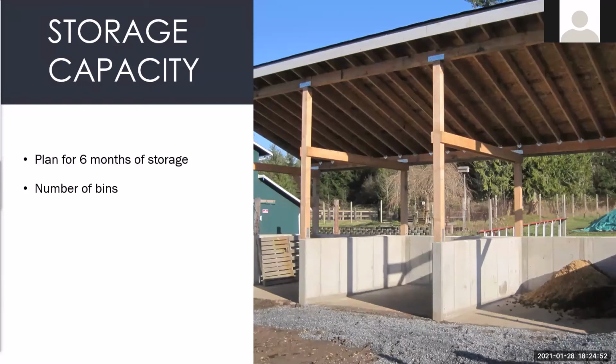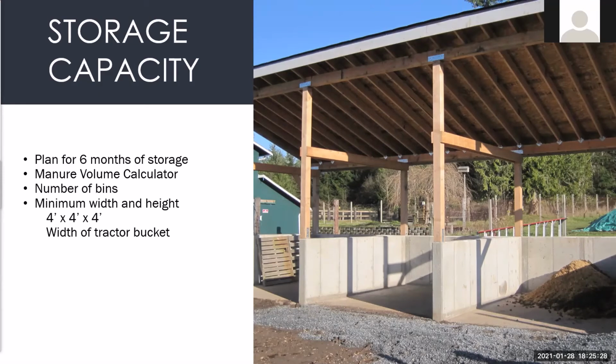And we want to plan for the number of bins, like I just mentioned, thinking about those different options, for proper composting and making sure that you've got enough surface area for it to get hot and start breaking down and reducing in size. We usually recommend a minimum width and height. So thinking about at least 4 feet high, 4 feet wide.